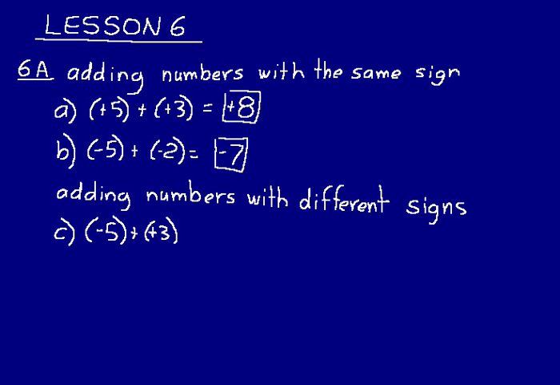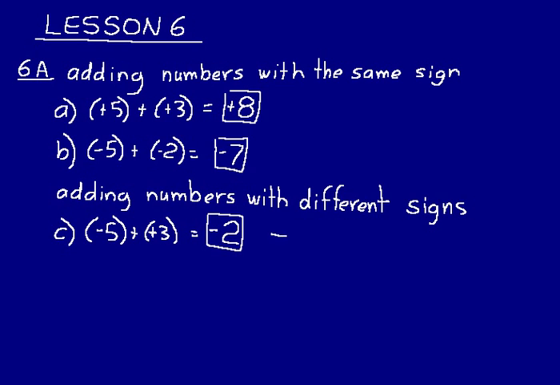And when they have different signs, we say 5 and 3, and we subtract those two. 5 minus 3, that would equal 2. Now we give the answer the sign of the number with the bigger absolute value. So 5 has a bigger absolute value than 3, and so it has a negative sign, and so our answer is negative 2.